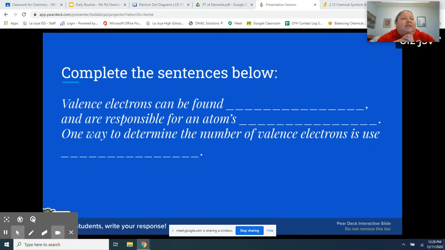What do you think? Mario, Alexia, Irvin, what do you think? Help me out, please. What do you think, Alexia? Take a guess. Mario, take a guess.